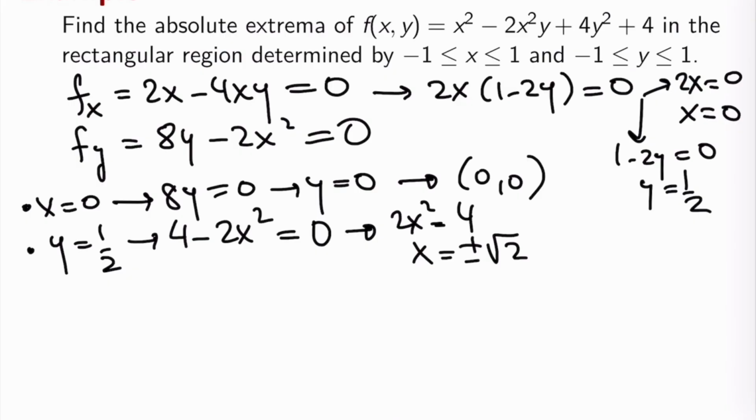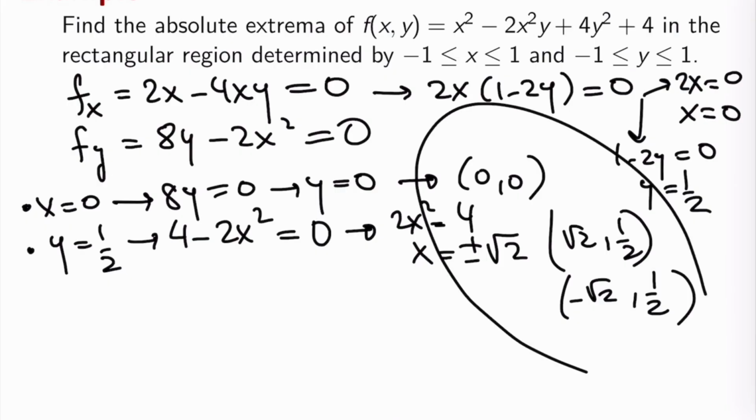So then we have here two more points: square root of 2, 1/2, and minus square root of 2, 1/2. So these are all the interior critical points.